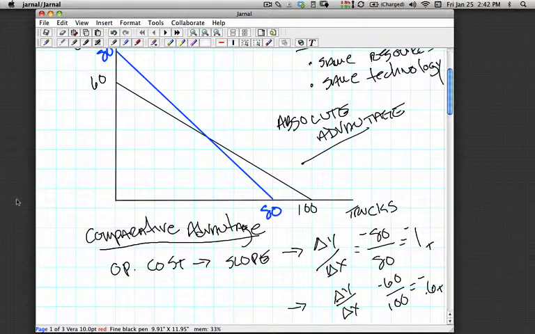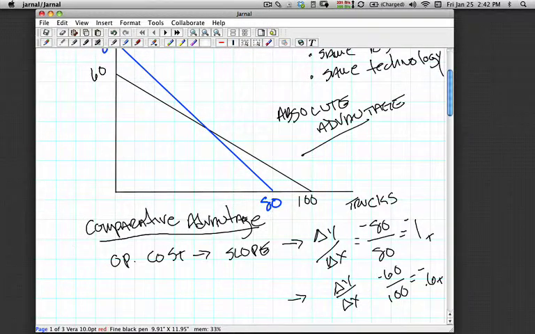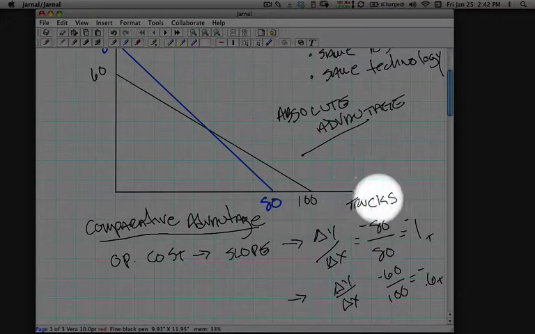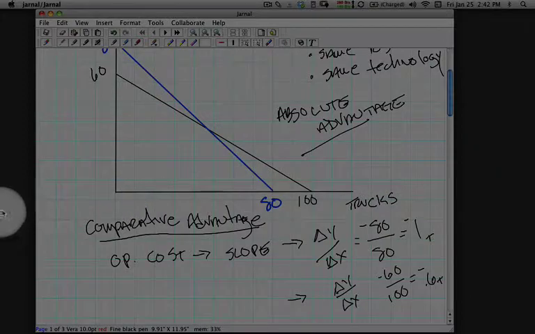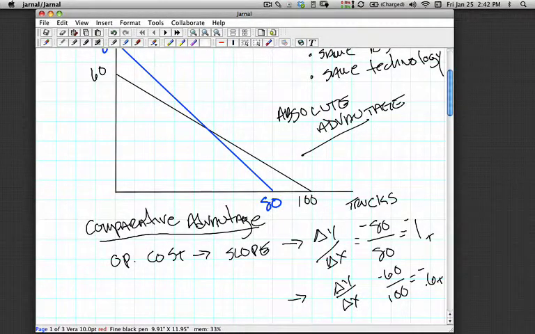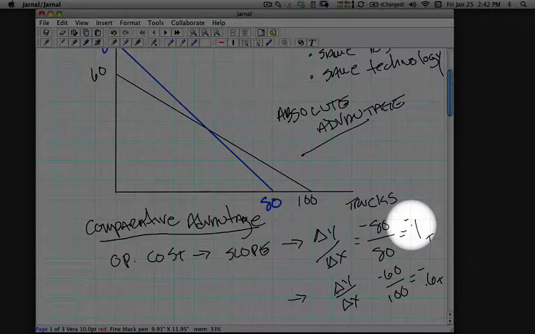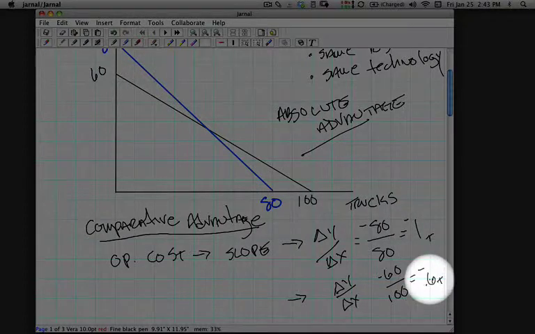-0.6. That tells us, therefore, that when it comes to manufacturing trucks for both countries, for Canada to choose to make one truck, they have to give up one car. For the United States to manufacture one truck, they have to give up 0.6 cars.